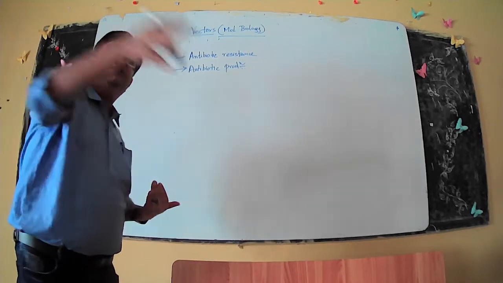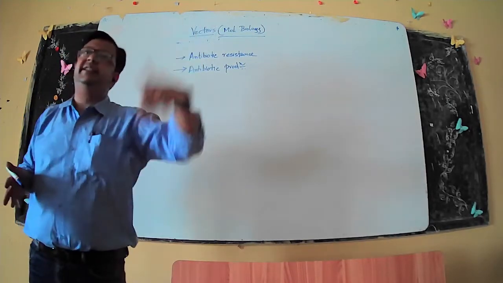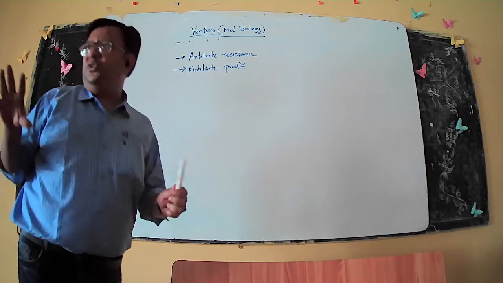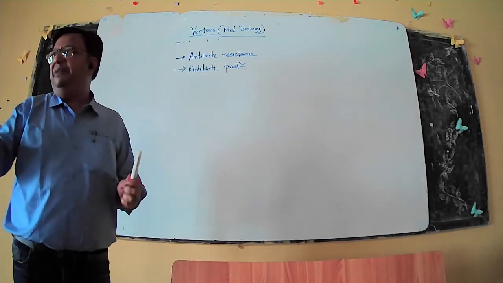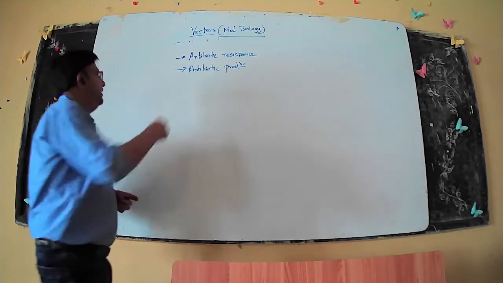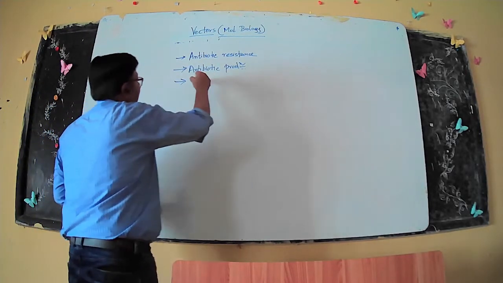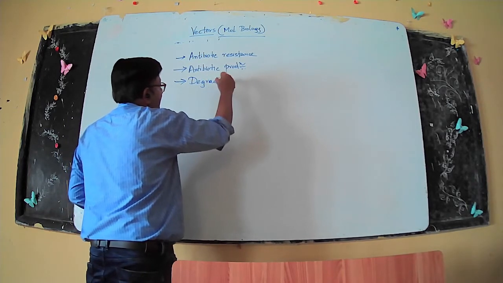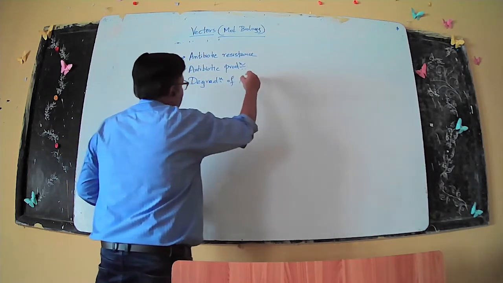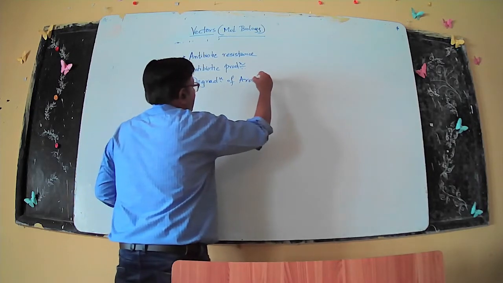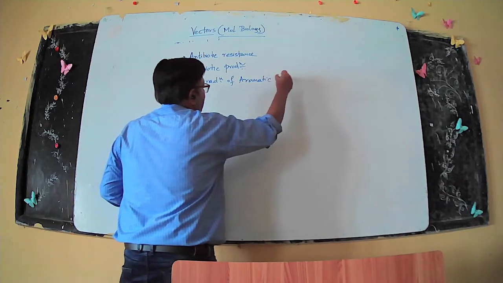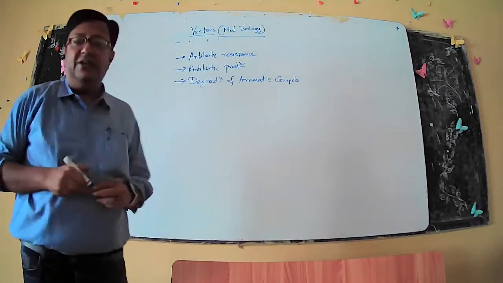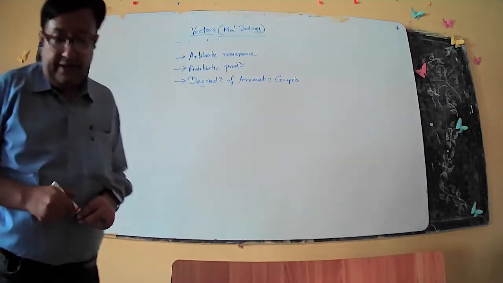These plasmids will bring in enzymes which will degrade these aromatic compounds. These aromatic compounds are not good for the growth of the bacteria, so the plasmid gives the power for degradation of aromatic compounds.